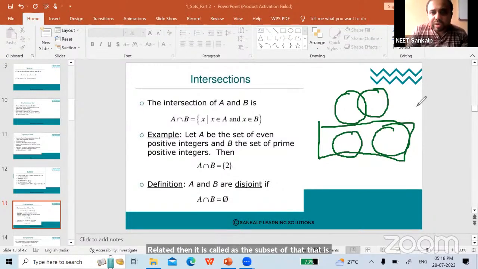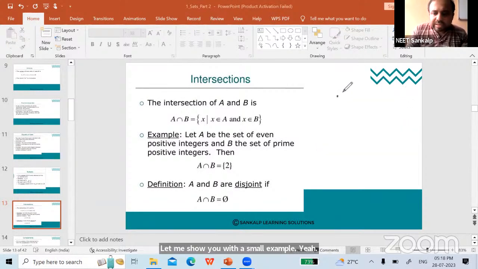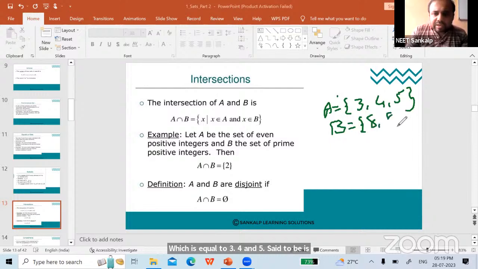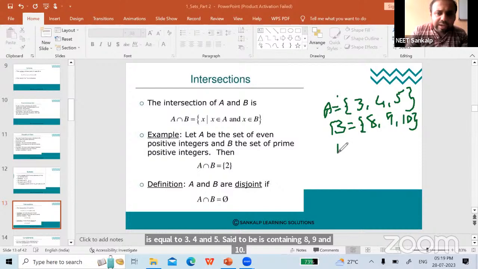Let me show you with a small example. Set A is equal to 3, 4 and 5. Set B contains 8, 9 and 10. What is A intersection B?